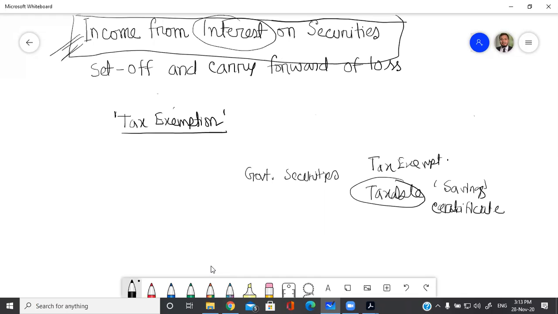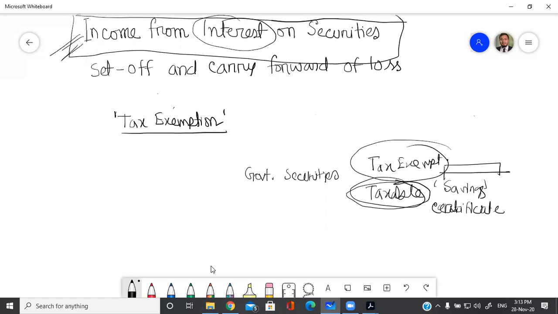So if you take a loan and buy tax exempt securities, the interest on that loan will not get the facility of tax exemption that we just have understood. So it will be applicable only in case of taxable securities.